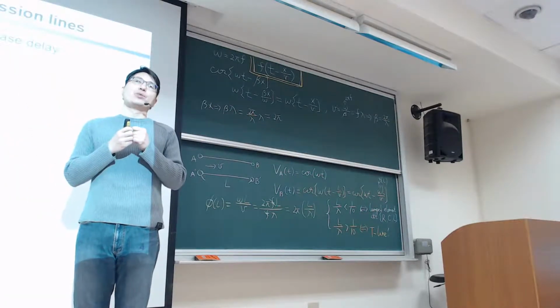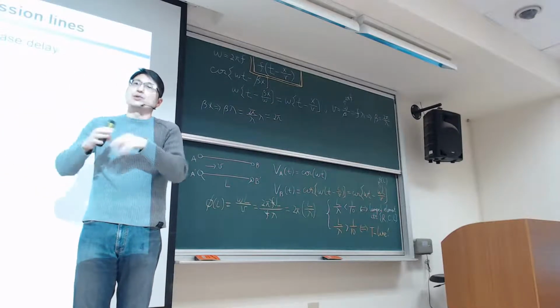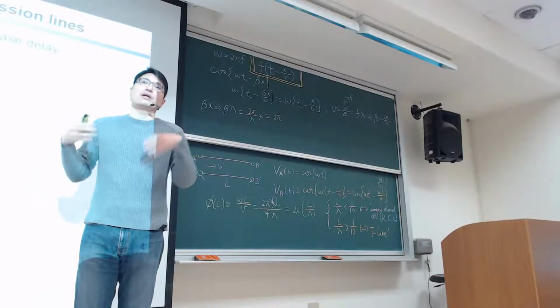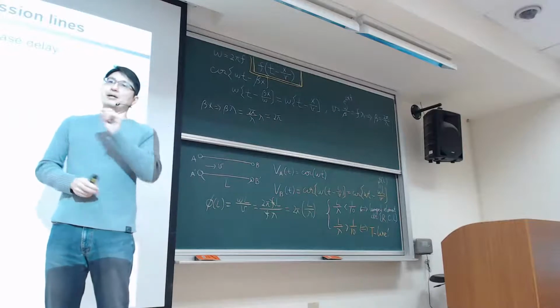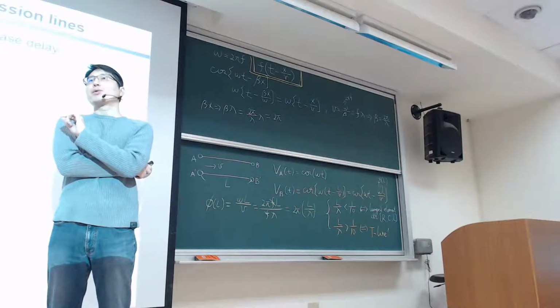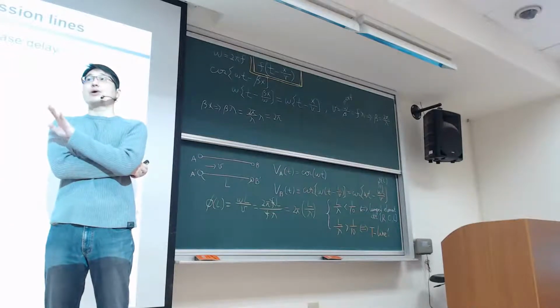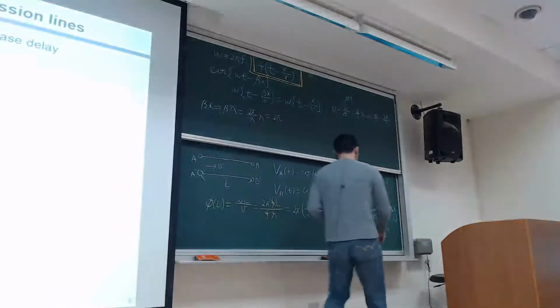So if your operational wavelength is very long as compared to the transmission line, you don't care. It's just two wires. You only care about its resistance, capacitance, or inductance. But if your operational frequency is high, then you have to worry. Okay? So I want to give you some examples.